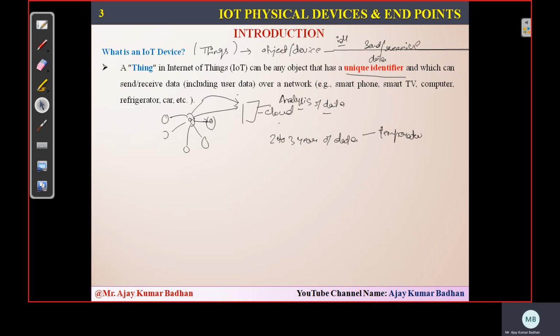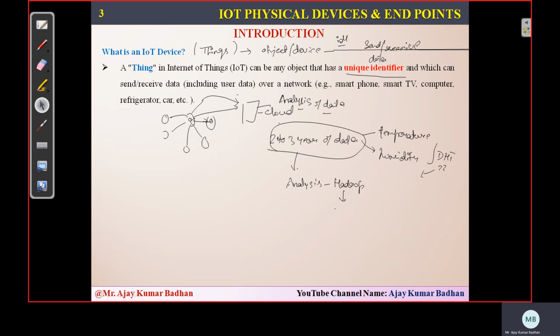A temperature sensor, and then something for humidity. For this we have a DHT22 sensor that we will take, and based on the data we have gathered over 2 to 3 years, we can perform analysis using Hadoop.